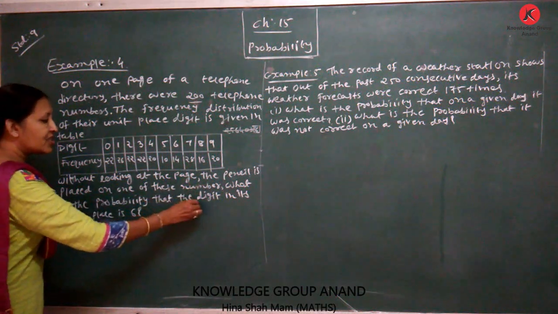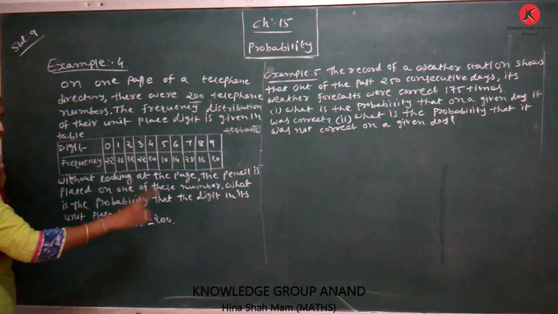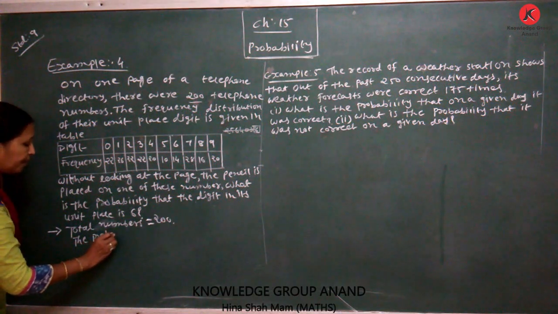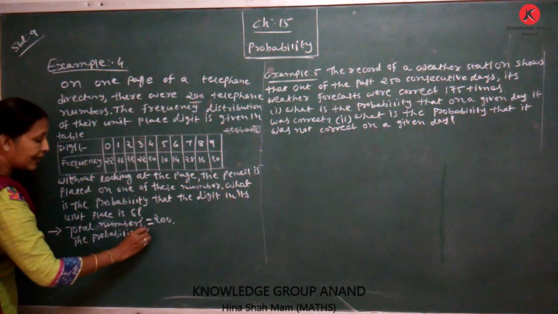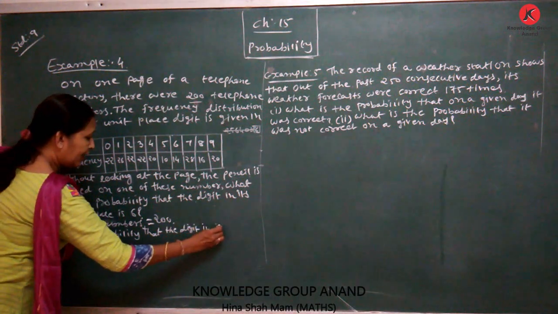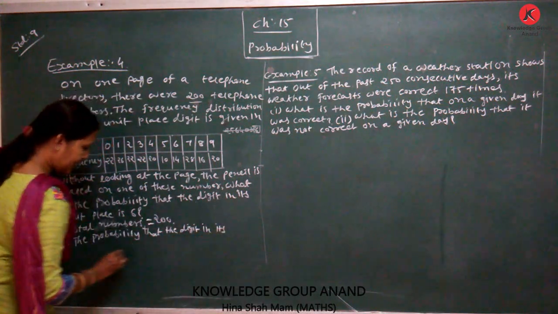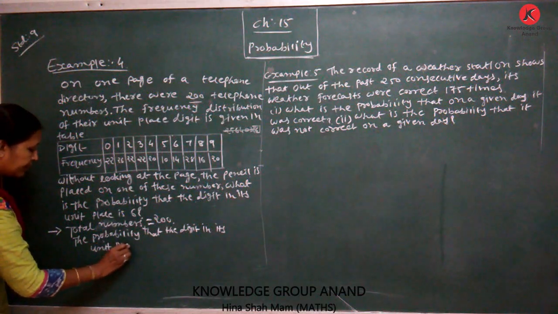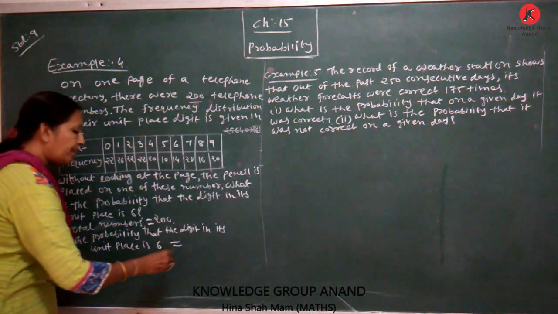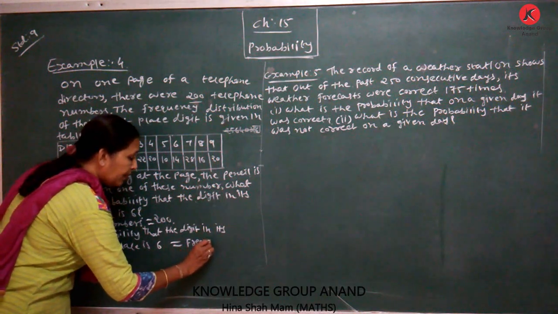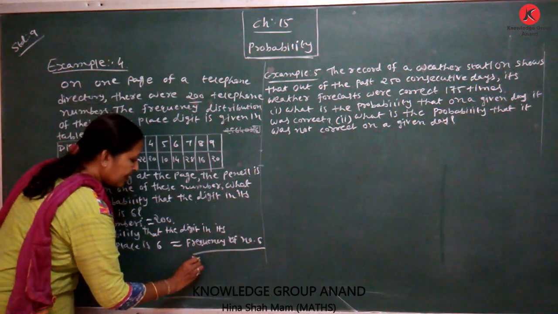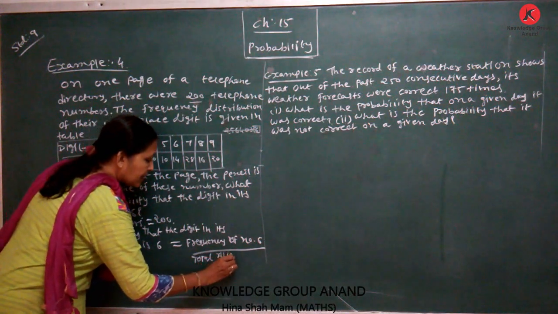The probability that the digit in its unit place is 6 is equal to the frequency of number 6 upon the total numbers.